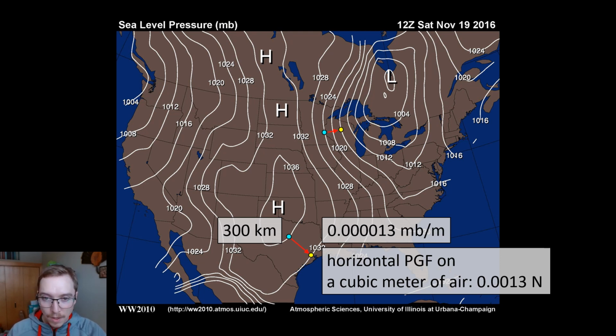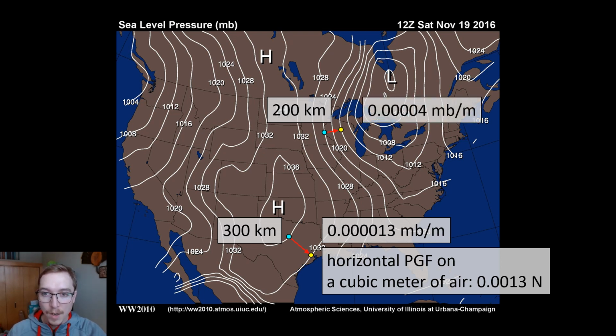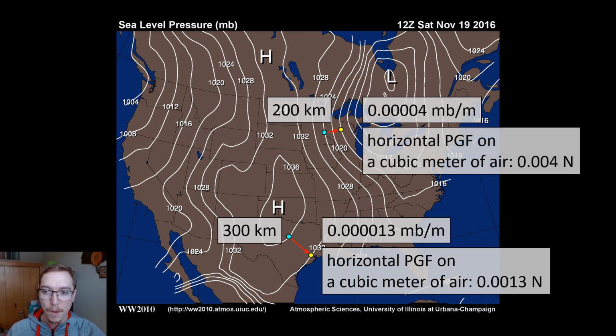So here, the distance is only 200 kilometers, and we went from, again, 1024 to 1016. So there we've got a pressure gradient force of 0.00004 millibars per meter and a horizontal pressure gradient force on a cubic meter of air of 0.004 newtons. So a much stronger pressure gradient force between those two positions than in the first example.